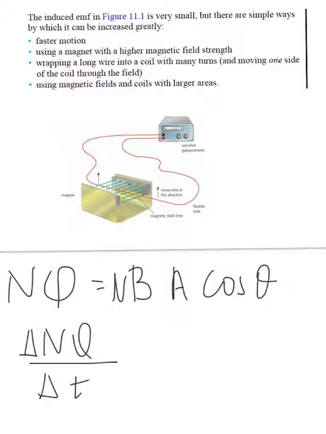If the current or the EMF that you are generating depends on how quickly you are cutting the lines, or the rate of change of flux, right? So if we look at our relationship, if you make the field stronger, if you increase the area, if you increase the flux linkage, the number of coils, then we can see that these are evident in the relationship that we were using in the last video.